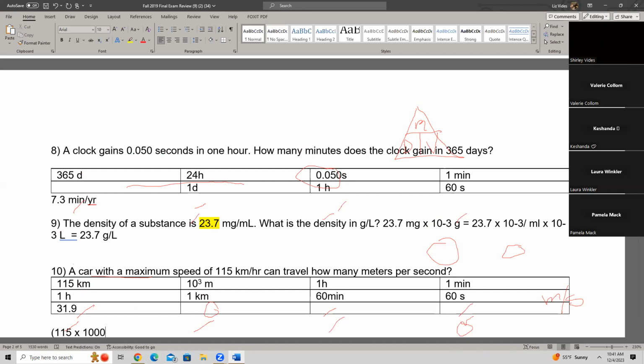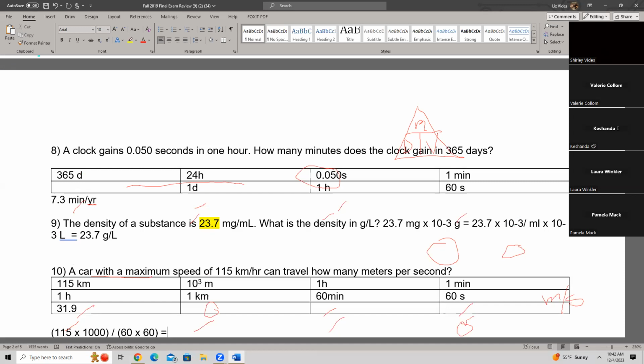So I'll put 1,000. That way it makes it easy for you. Divided by 60 times 60, and then equal. That's how I put it in. And if you don't have a 10 to a third, you know that 10 to a third is 1,000, so you can just convert it directly and put the zeros if your calculator doesn't do that.